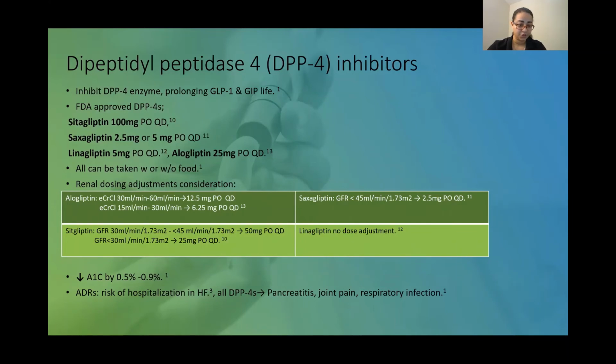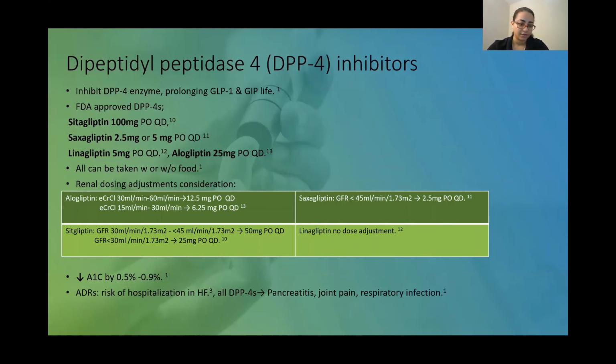Sitagliptin, if the patient has a GFR of 30 to less than 45 mL per minute, they should be taking 50 milligram daily. And if a GFR of less than 30, patient should be taking 25 milligram daily by mouth. For linagliptin, no renal dose adjustment is needed.